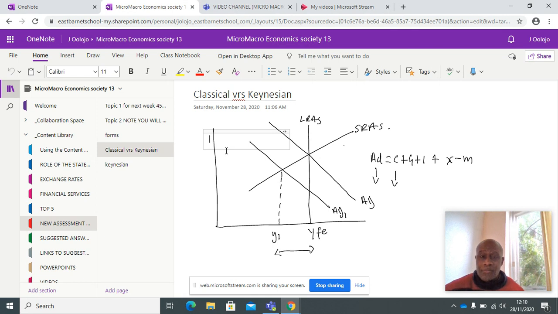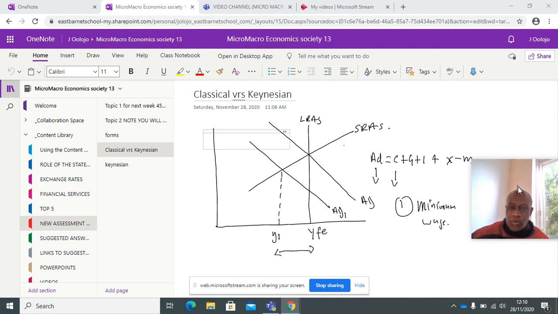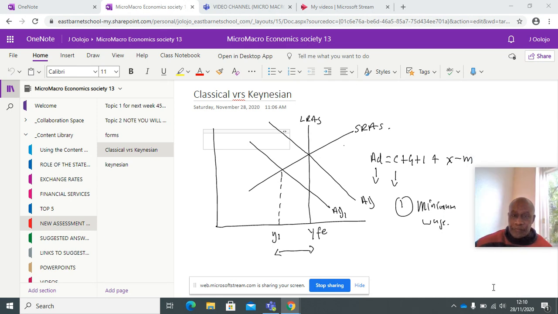But there's a problem. You can't just reduce wages, because of three fundamental reasons. The first one is to do with minimum wages. Obviously, we're making a few assumptions here that there are a lot of people on minimum wage.